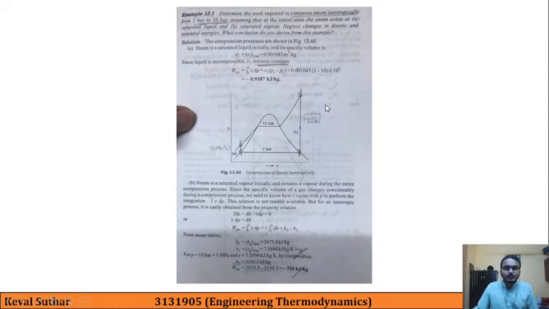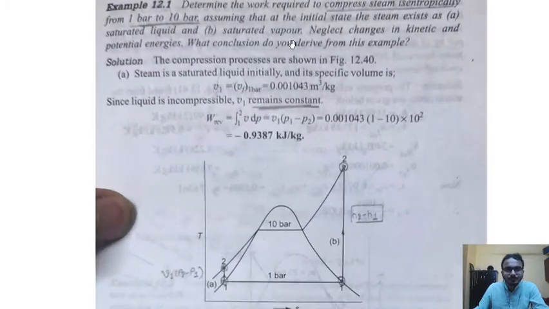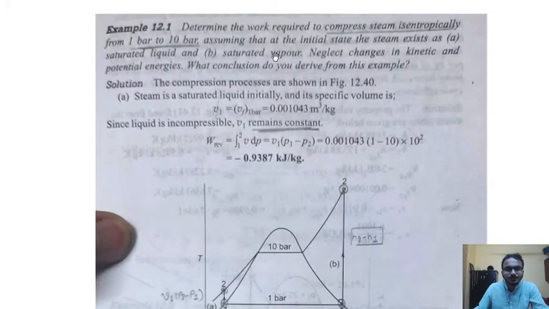The questions of vapor power cycle will be slightly lengthy. So this is our first question. Determine the work required to compress the steam isentropically from 1 bar to 2 bar.